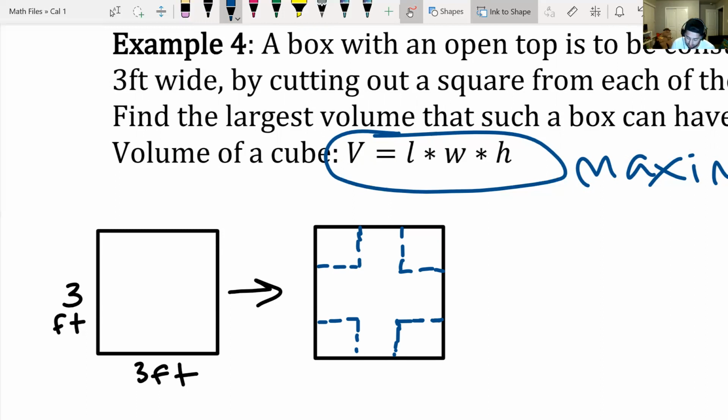Okay, so we cut small square corners from each. So what I want to do now is label those cuts. Since we're cutting these corners out, here's what I'm left with. So I'm going to go to the next diagram. This is what I'm left with.